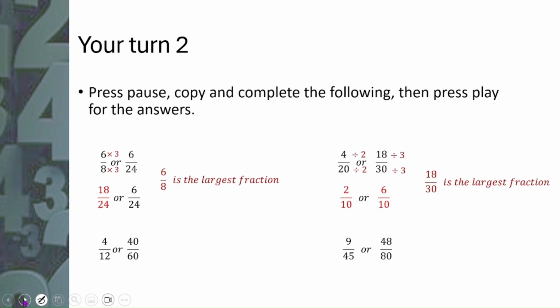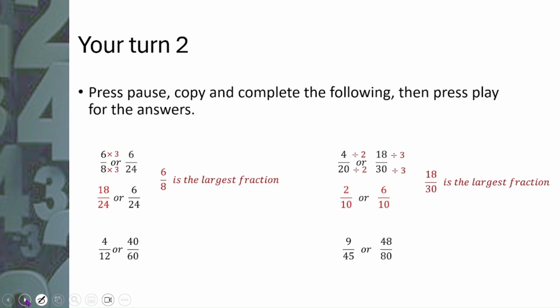Next question, the bottom left hand corner, which is bigger, 4 over 12 or 40 over 60. Now, again, there are lots of different ways to do this, lots of different common denominators we can use, but we want to try and just change one of the fractions if we can, rather than both of them. And we can do that by multiplying the first fraction by 5.